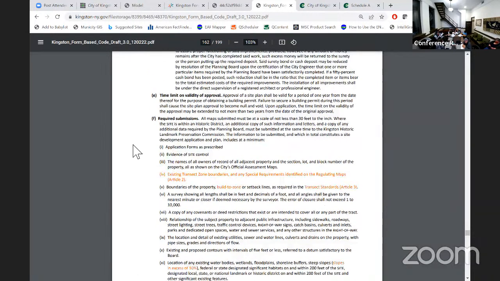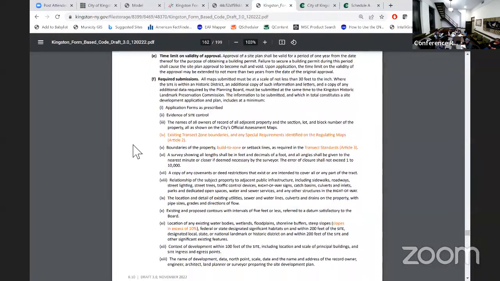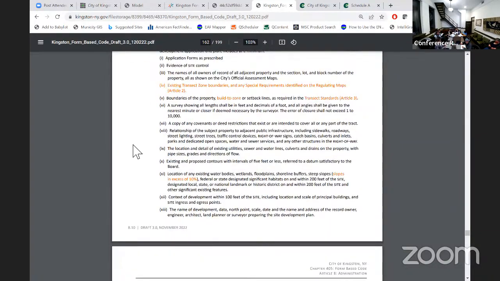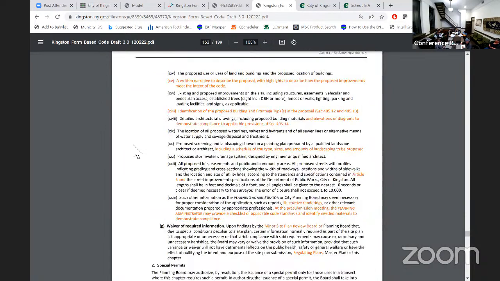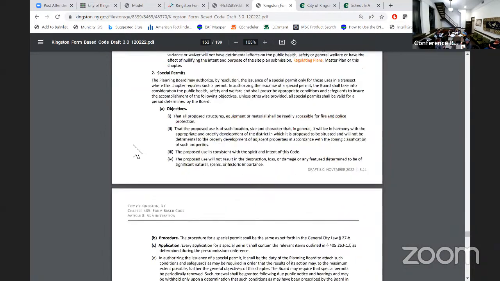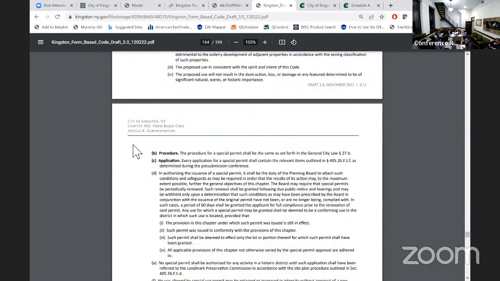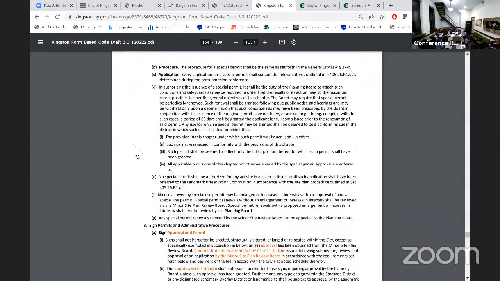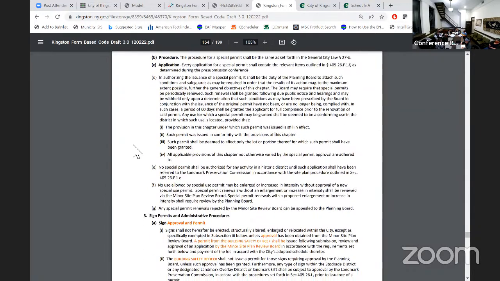Next page, 8.12. In paragraph D, towards the top, third line from the bottom, it says, "In such cases, a period of 60 days shall be granted the applicant for full compliance prior to the renovation of said permit." Is revocation supposed to be there?